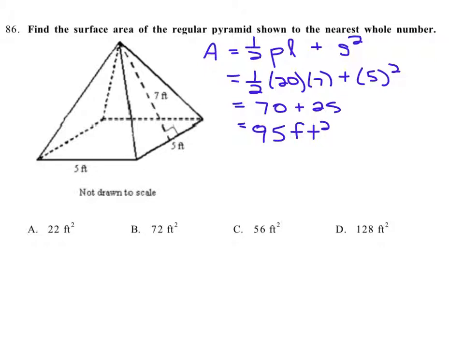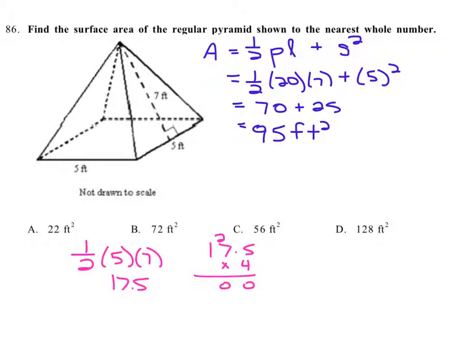So if we did 1/2 the base of 5 times 7, the height, we'd get 35, and half of 35 is 17.5, and we have 4 sides, so 17.5 times 4, carry the 2, 7 times 4 is 28, plus 2 is 30, carry the 3, 4 times 1 is 4, plus 3 is 7, there's one decimal place, so that part is 70, plus the area of the base, which is 5 times 5, which is 25.